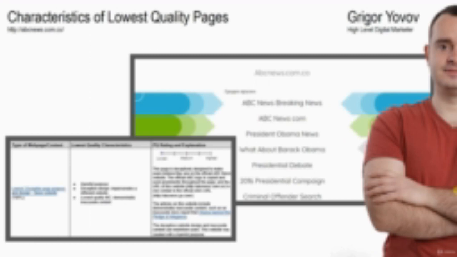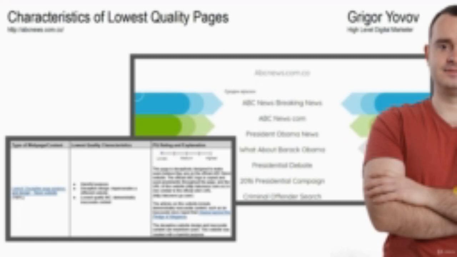The comment written for this page says that it is deceptively designed to make users believe they're on the official ABC News website. The official ABC logo is copied and used prominently throughout the page, and the URL of the website is very similar to the official site's URL.